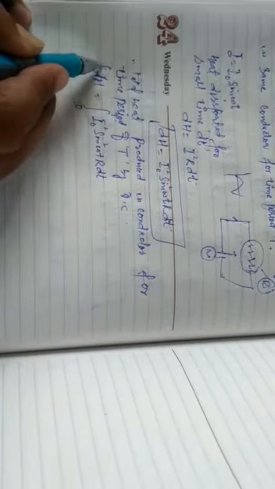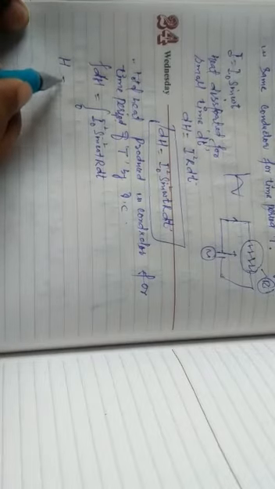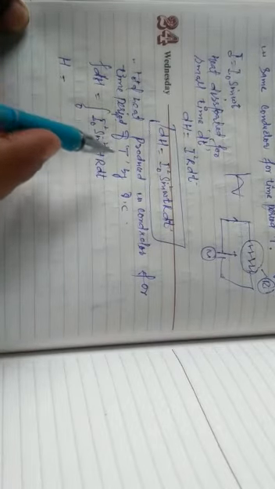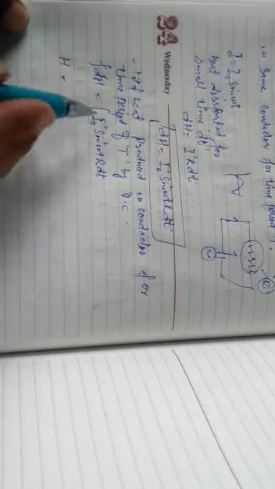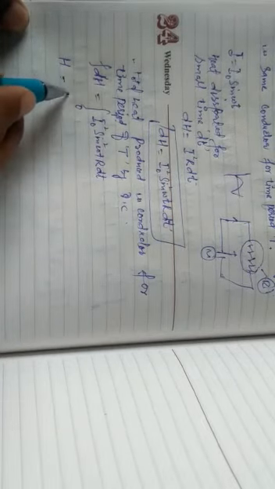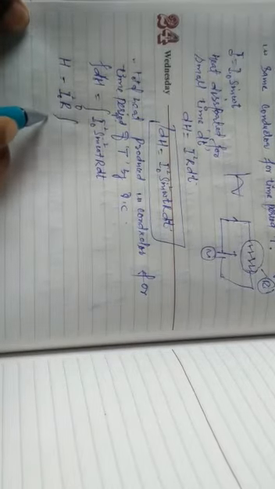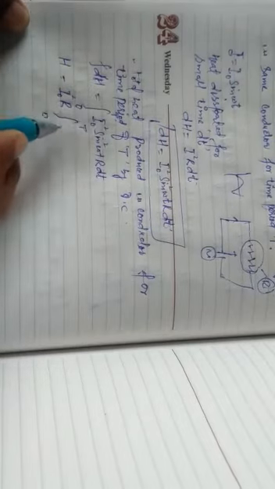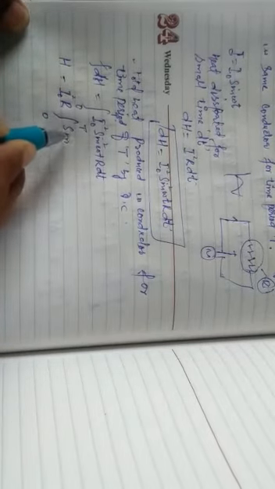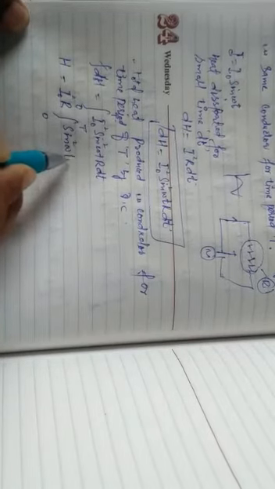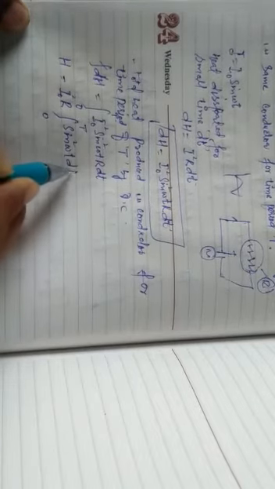Now the differential and integral will cancel, so it will simply be H equals, as I naught is the peak value and R is constant, these two will come out of the integral, I naught square R, integral from 0 to T of sine square omega t dt.